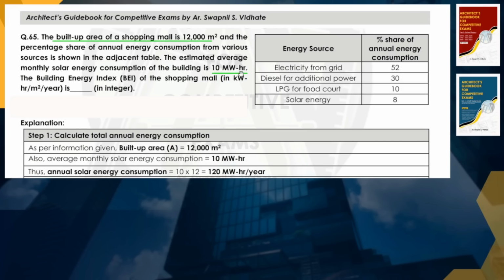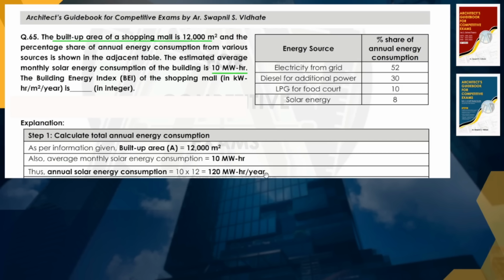So the annual solar energy consumption will be 10 multiplied by 12, which will be 120 megawatt hour per year, right? Annual, we have just multiplied with the total number of months. Since they have mentioned estimated average monthly solar energy consumption, if we multiply it by 12, you will get the annual solar energy consumption, which will be 120 megawatt hour per year.